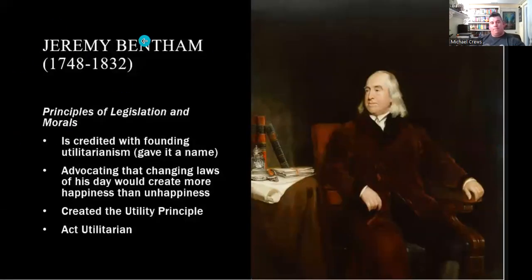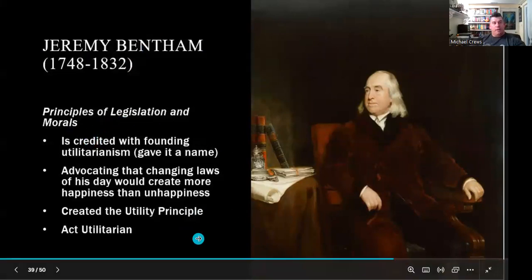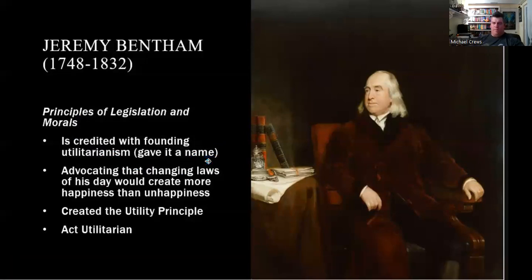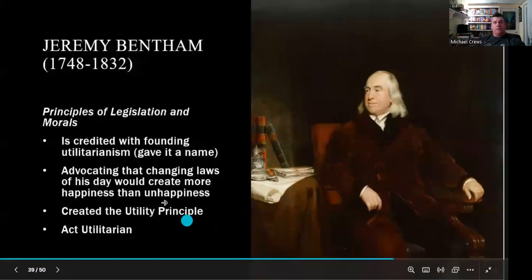So Jeremy Bentham is our act utilitarian, so to speak. He wrote about the principles of legislation and morals. He's the one who gave utilitarianism its name, even though elements of it have been around since the Greeks. He advocated for changing the laws of his day to create more happiness over unhappiness. He's the one who created our utility principle.